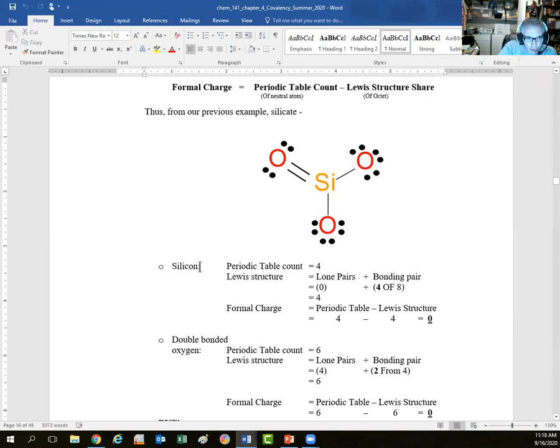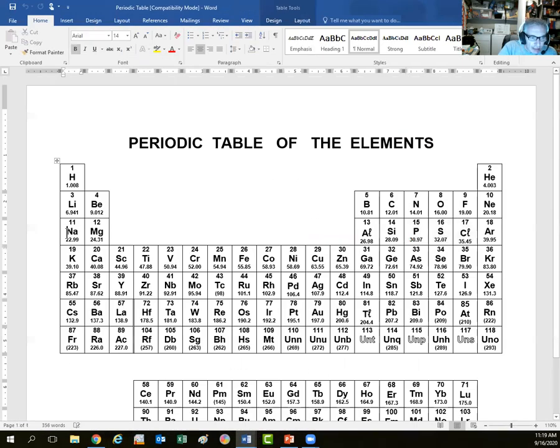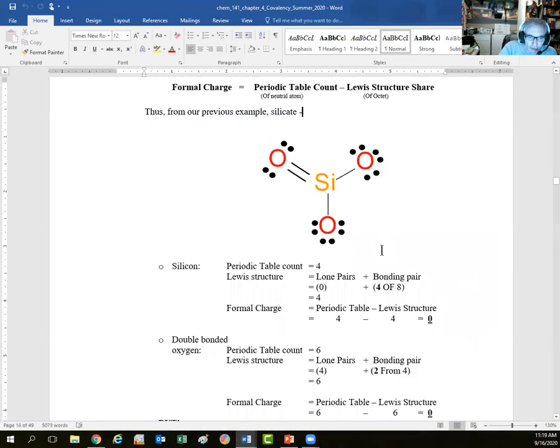For the silicon itself, the periodic table tells us it should have a count of 4 because it's the 4th element in the period. So it should control 4. But as we look at the structure, it's 1 electron from each of those bonds. It is actually 4. So 4 minus 4, 0 formal charge on the silicon.